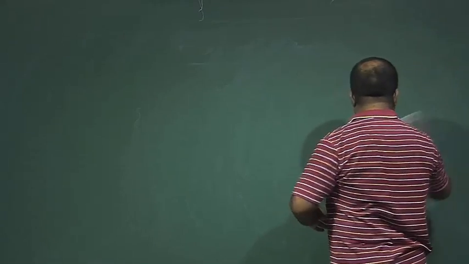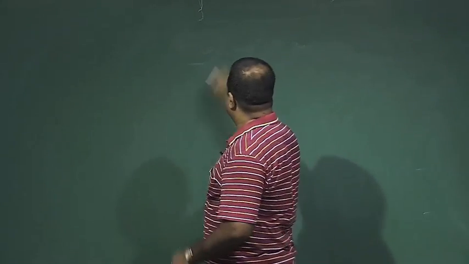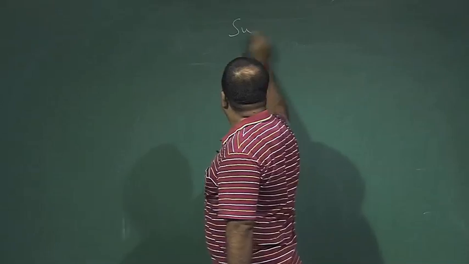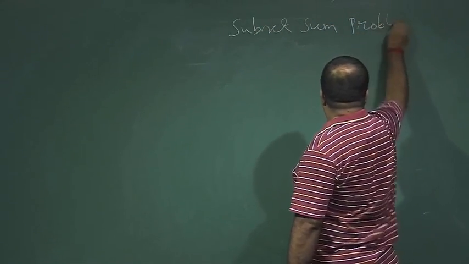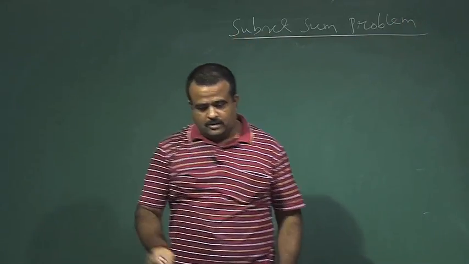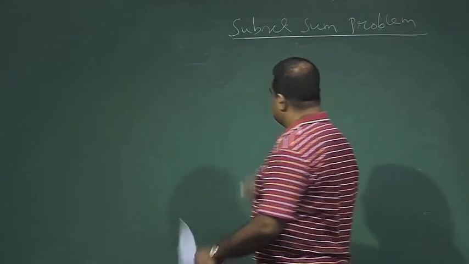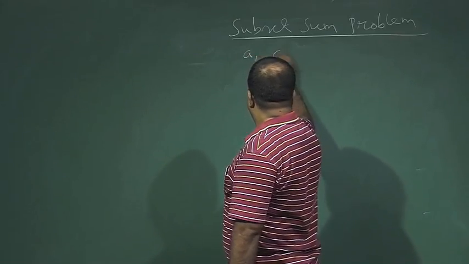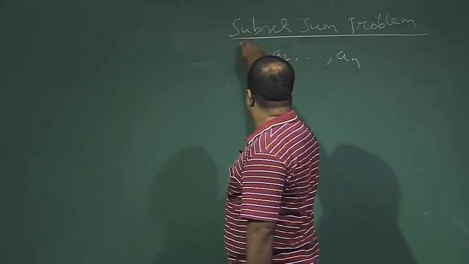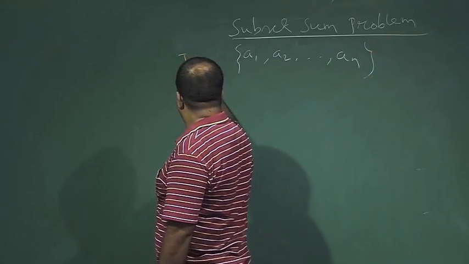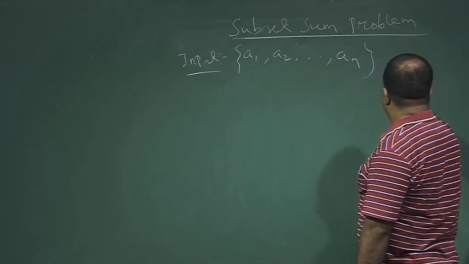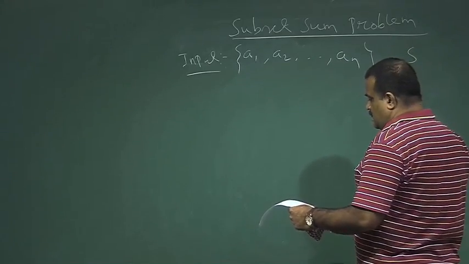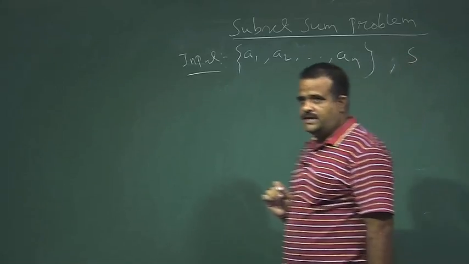Okay, so we call this the subset sum problem. The problem is, we are given some integers A1, A2, up to AN. These are the input. And we have another integer S, which is called the target.